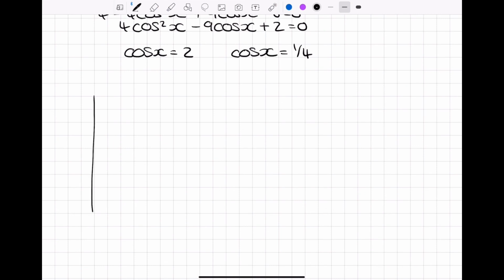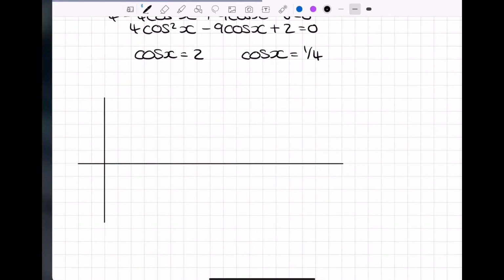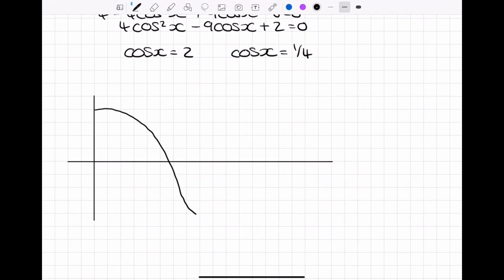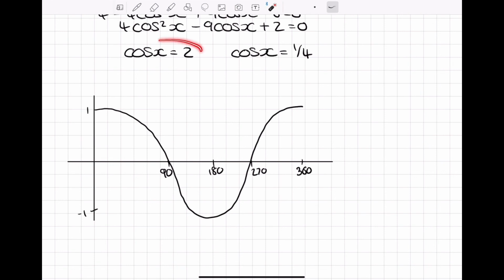So if we know this cos graph, you get a lot of practice of drawing all these graphs. We know that the cos graph and the sine graph go between 1 and -1. So this value for cos x equals 2, if you put it into your calculator, you'll get an error because the cos graph will never go up to 2. So no solutions from that graph.